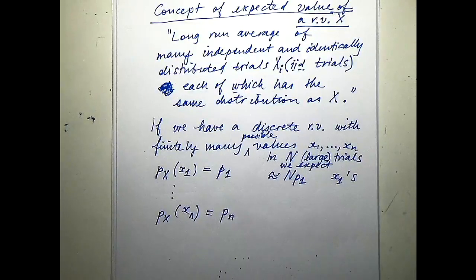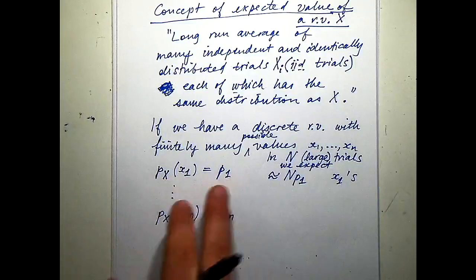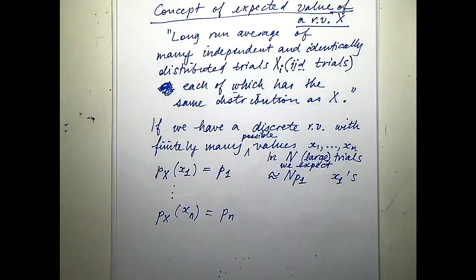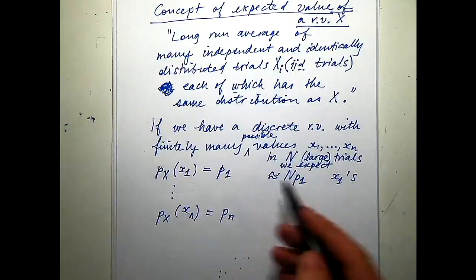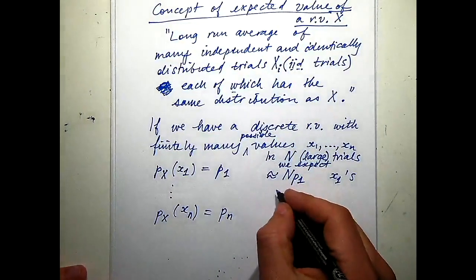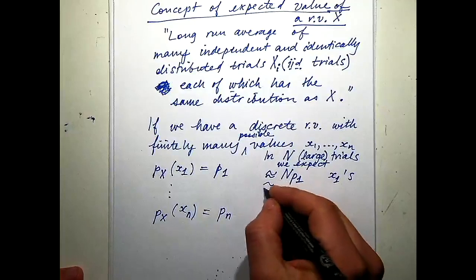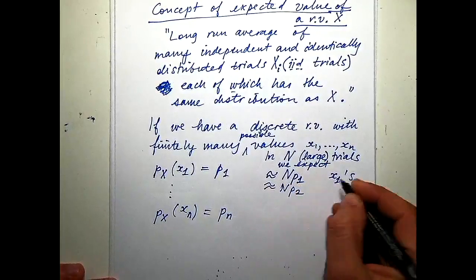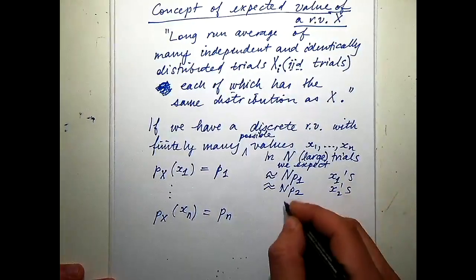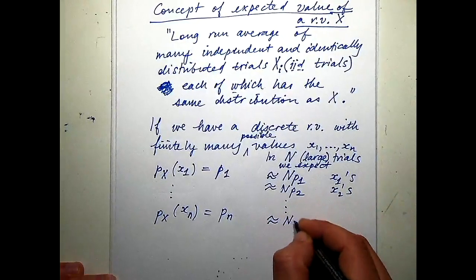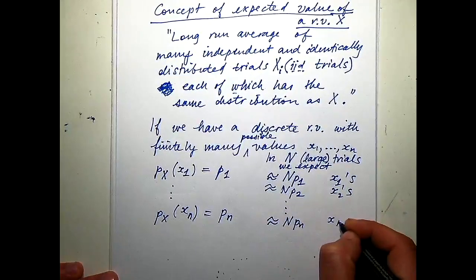And we even have the law of large numbers that says the limiting fraction tends to 1/6, the probability in the case of a die. So it won't be exactly there, but it'll be around there. That's why I say approximately Np1 x1s, and Np2 x2s, none of these necessarily exact, and approximately Pn xn.